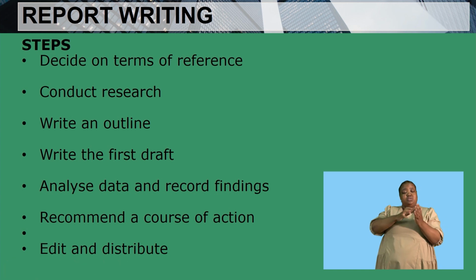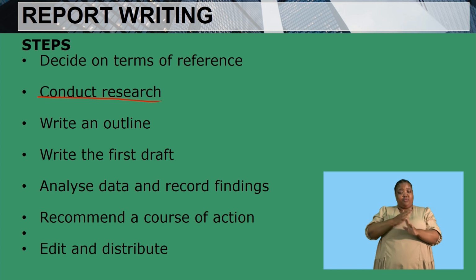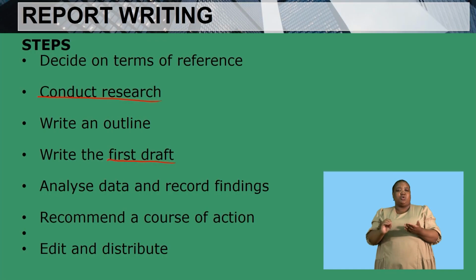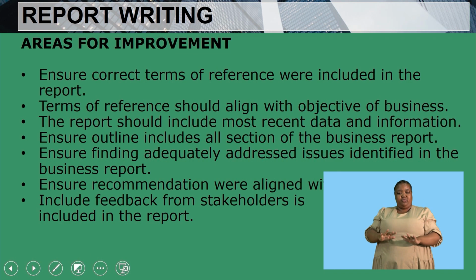When you are writing a report, it is important for you to know these steps: you must conduct research before you write a report so that you have facts that are well researched and you can prove. Then you must have a draft and also edit your information before you present it to your stakeholders.